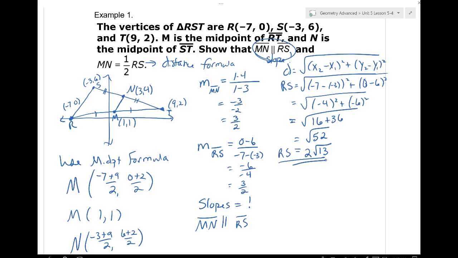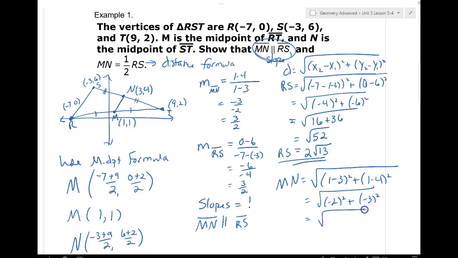If I want MN to be 1/2 of this, it needs to be the square root of 13, right? So if we do it right, it needs to be square root of 13. So let's find it real quick. So length of segment MN, using our distance formula, I'm going to go 1 minus 3, that quantity squared, plus the quantity 1 minus 4 squared. So we get here a negative 2 squared, and this would be a negative 3 squared.